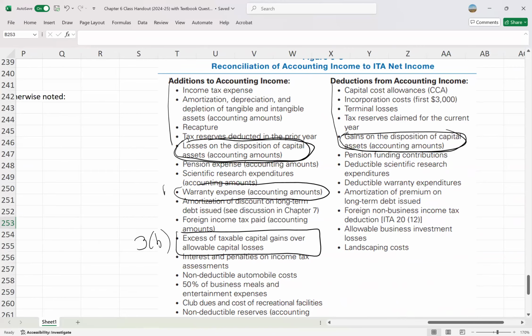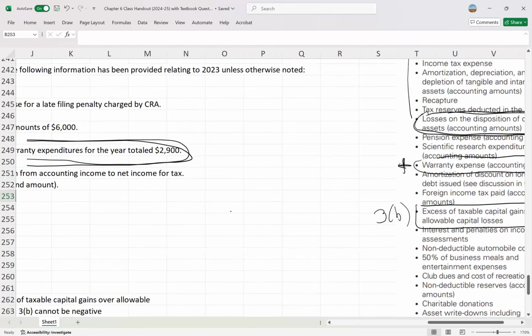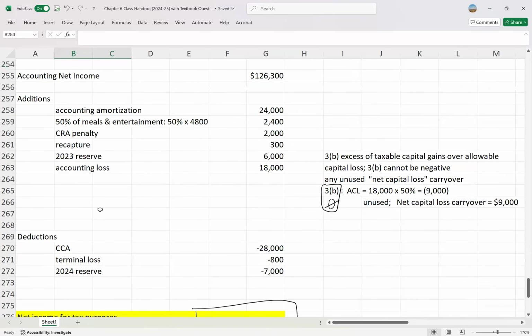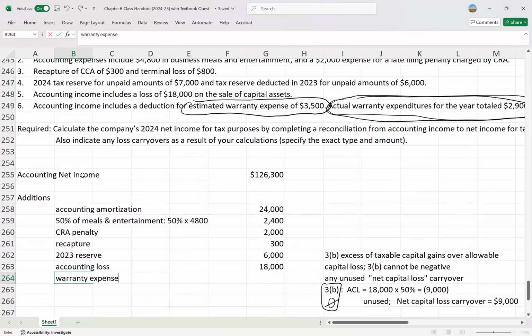We add back the warranty expense that was on the income statement, but we get to deduct instead the actual warranty expenditures. So in this example, we would add back the warranty expense. That was just the estimate.